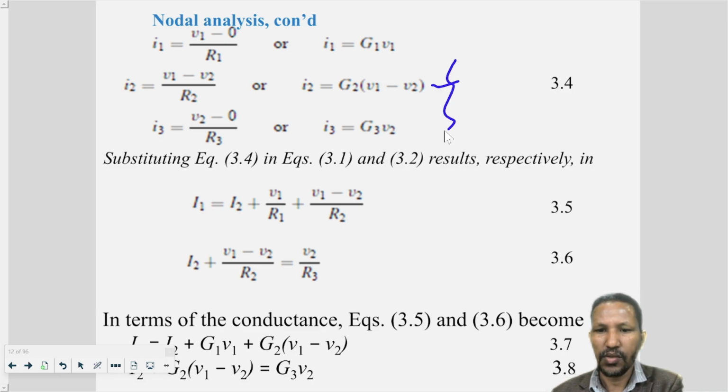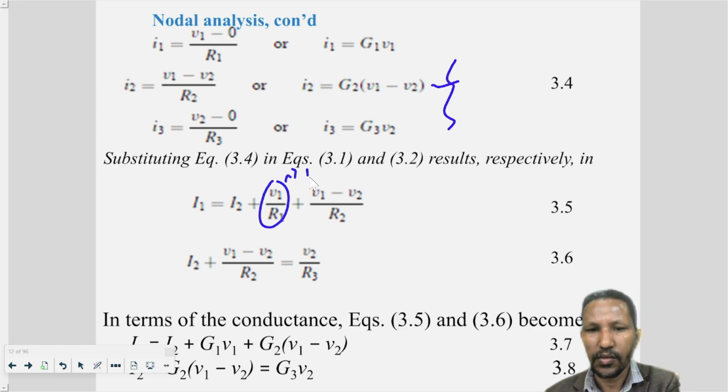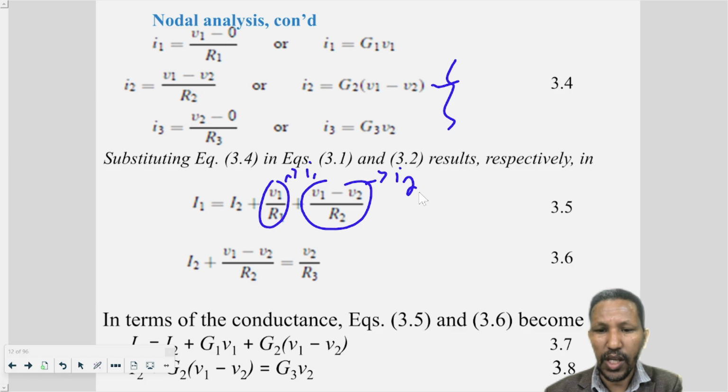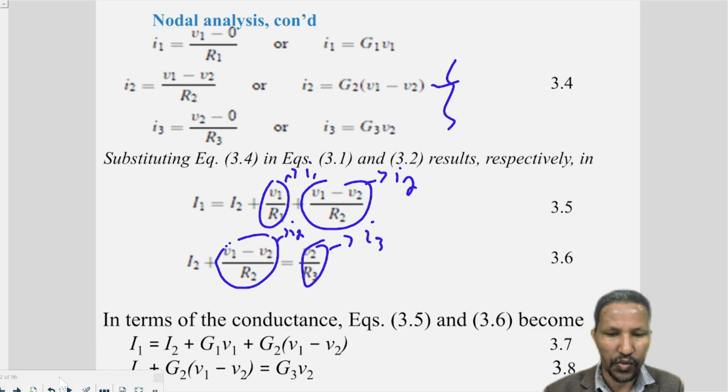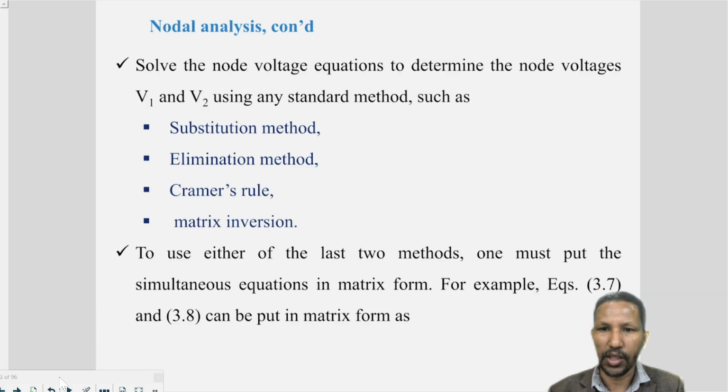That means capital I1 minus capital I2 equals V1 over R1 plus small I2. This is small I1, and this one is small I2. This is equation 1, and the other one is capital I2 plus small I2 equals small I3. Using this we can have the equations in terms of conductance.